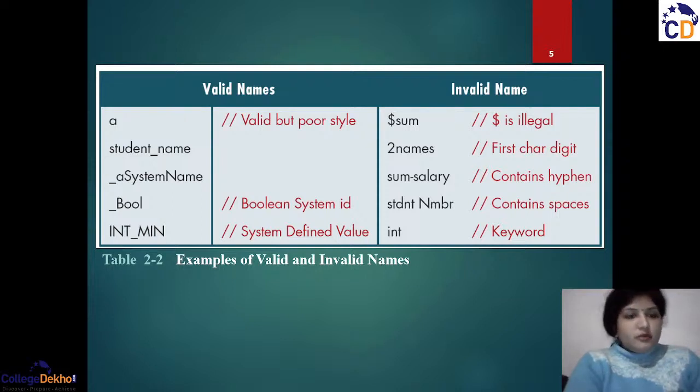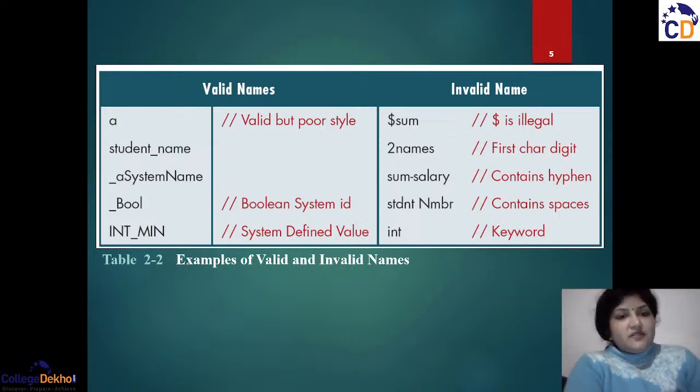This could also be possible. Then underscore bool, for storing the boolean values. Int underscore min, which is a system defined value. Because int is a keyword, we cannot use it as an identifier name.